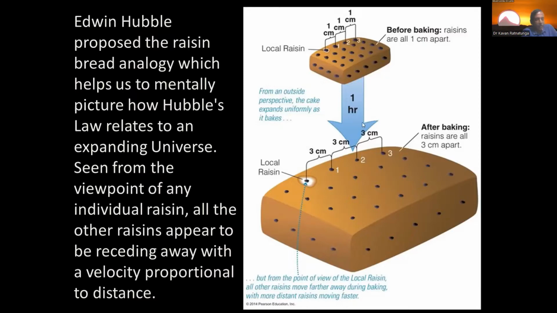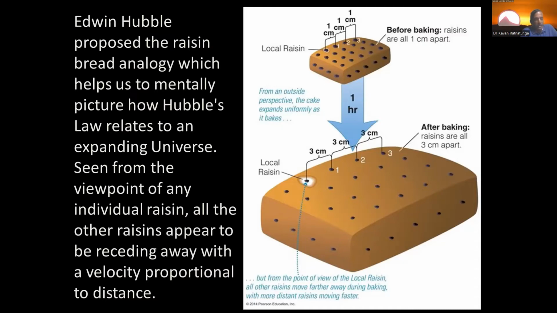Then you would find that this galaxy would move away from your observing galaxy by 3 centimeters in that duration. But the more distant galaxies would move away a lot faster.